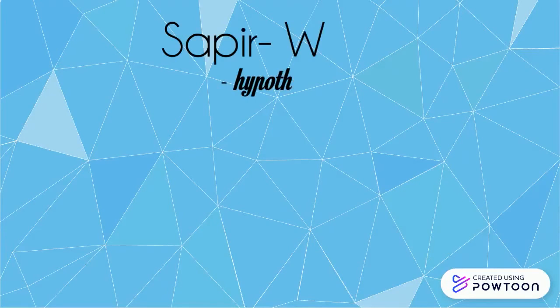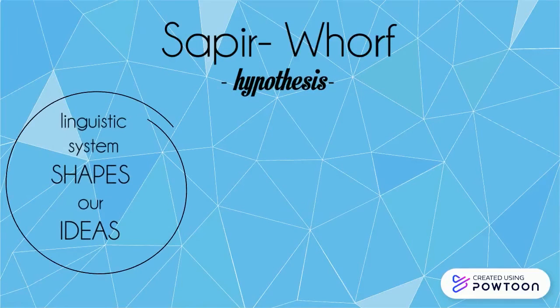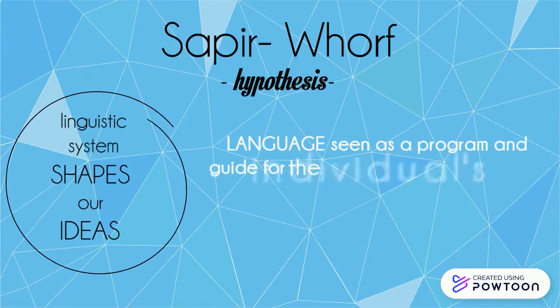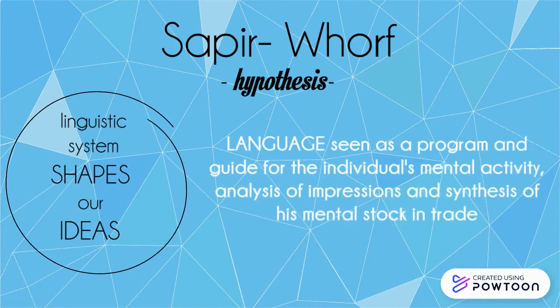One of the strongest hypotheses related to language and thought is the Sapir-Whorf hypothesis, which states that our linguistic system shapes our ideas. This hypothesis sees language as a program and guide for the individual's mental activity, for his analysis of impressions, and for his synthesis of his mental stock in trade.